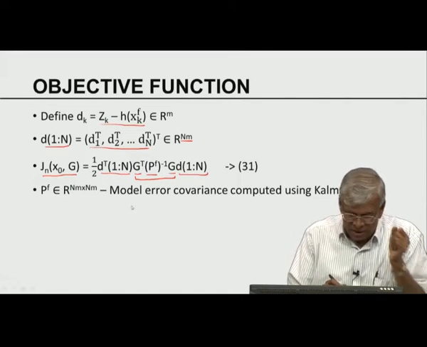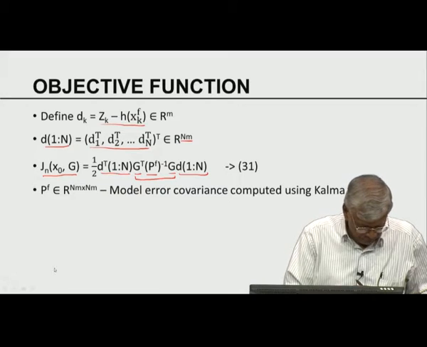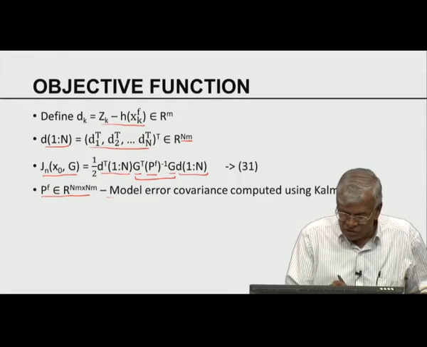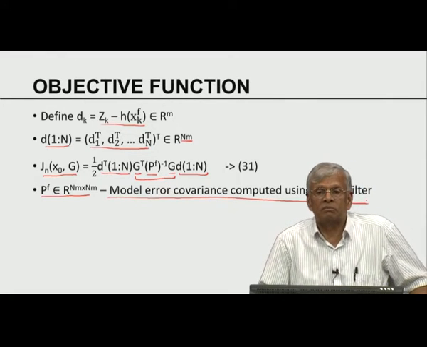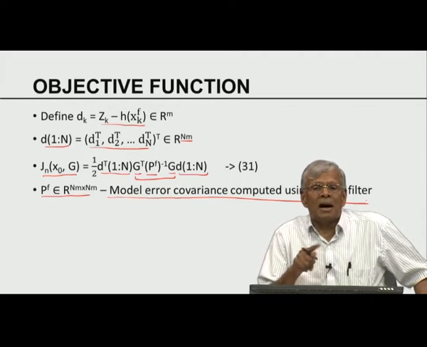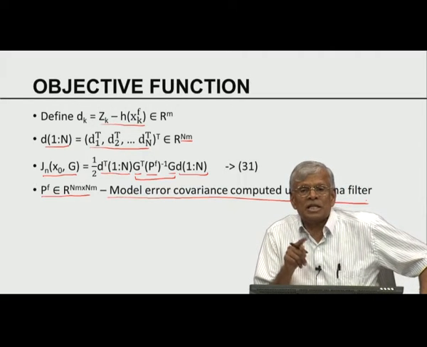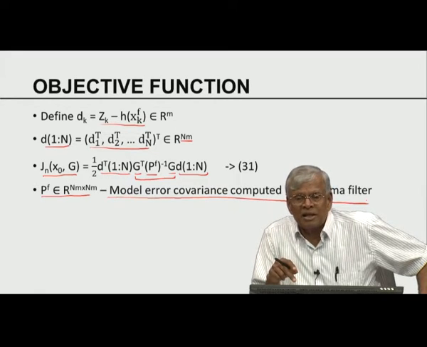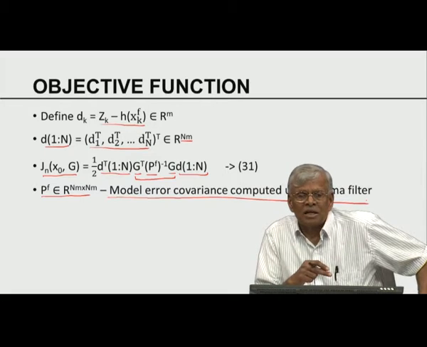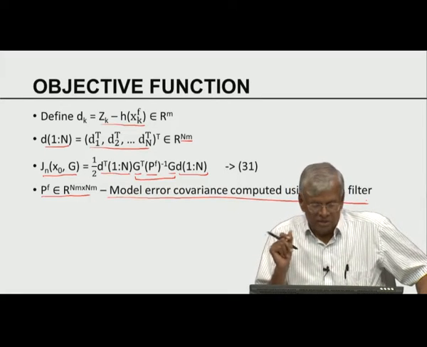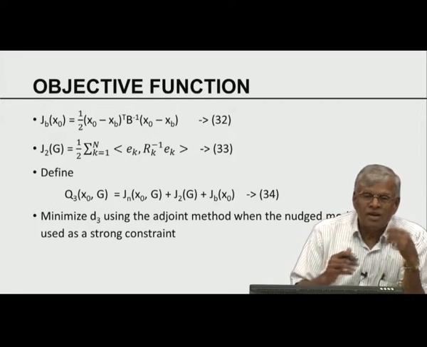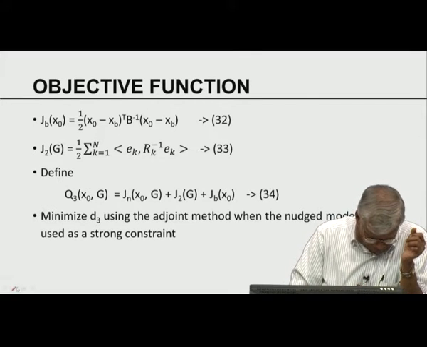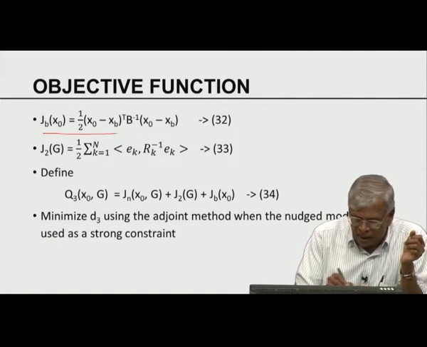So look at this now: in here P^f is the model error covariance using Kalman filter. You may realize even if the model is linear, computing the forecast covariance involves two matrix multiplications. So computationally it is much more expensive than the 4D-VAR based idea. Therefore they concocted several components for the overall minimization. One is the background term.